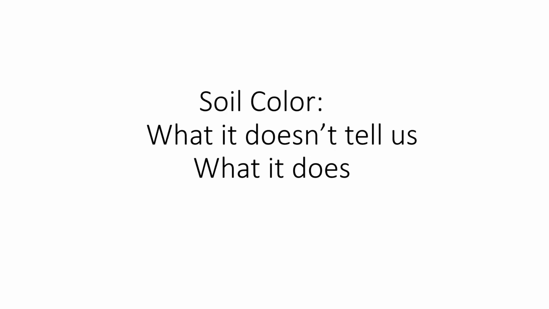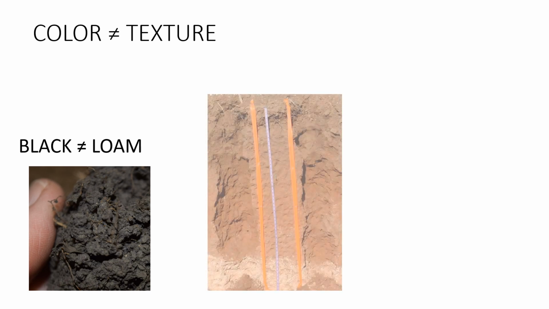So what does soil color tell us and what doesn't it tell us? Well, color has nothing to do with soil texture. So black soils are not loams. There are black sands that are volcanic that you can find in Hawaii and many other places. So black isn't loam. And this one is red.